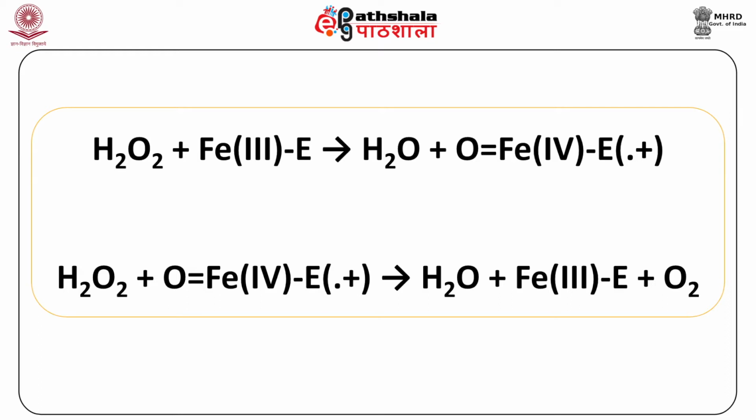The first step involves the oxidation of heme to an oxyferryl species by one H2O2 molecule. So, here iron is changing from the +3 state to a +4 state, while the second step involves the regeneration of the enzyme by another hydrogen peroxide molecule to produce water and oxygen.